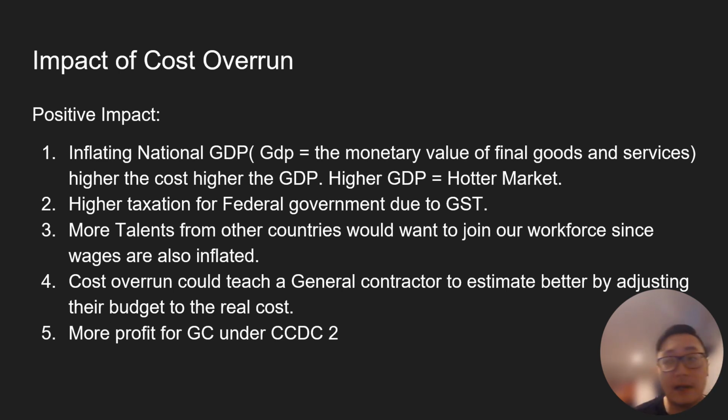Then I can adjust my accuracy, make sure I'm still meeting that target profit margin. And also there will be more profit for the GC since a lot of cost overrun comes from change orders. Change orders meaning there's more money for the GC, there's more profit, right? That would be the positive impact of cost overrun.